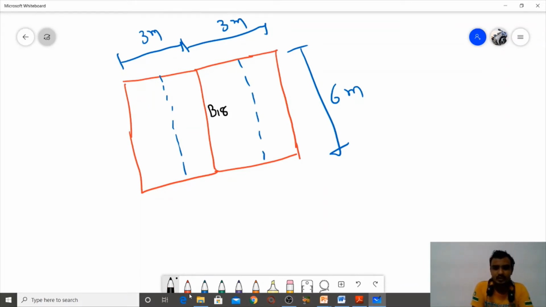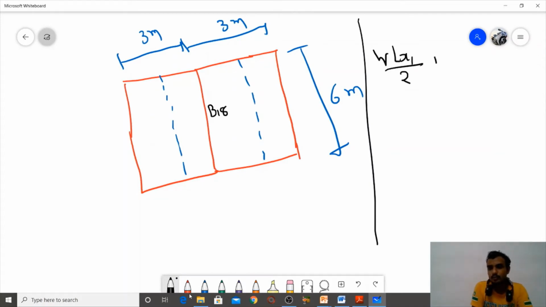The one-way slab equation is W Lx1 by 2 plus W Lx2 by 2. What is Lx1? I call this Lx1 and this Lx2.